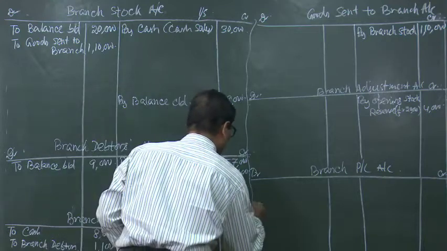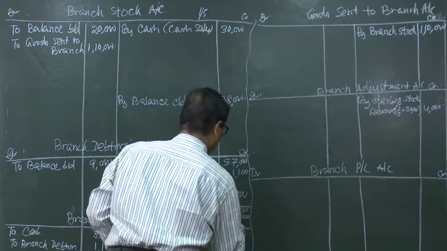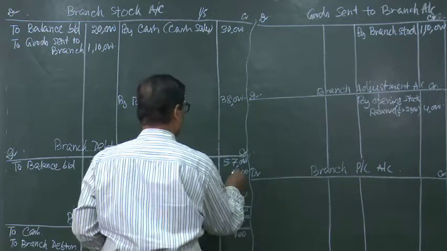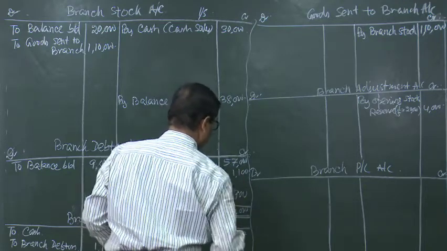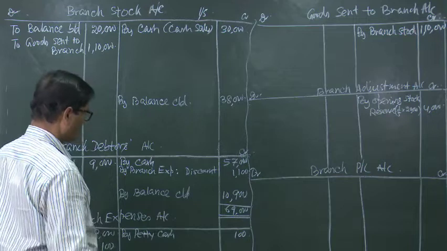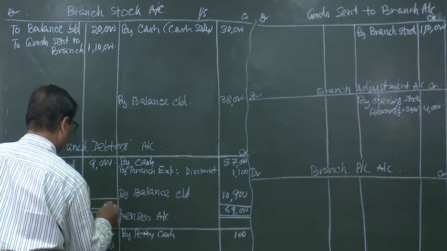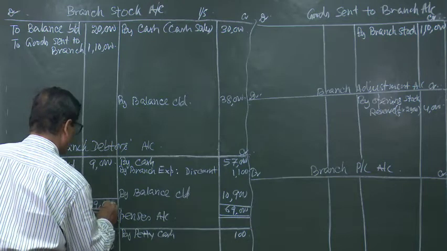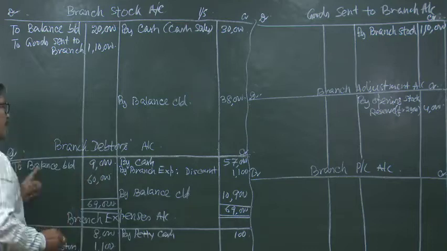The total comes to 69,000. If you put 69,000 here, the balancing figure is 60,000.